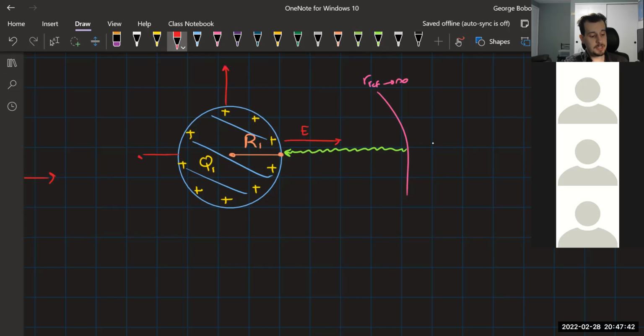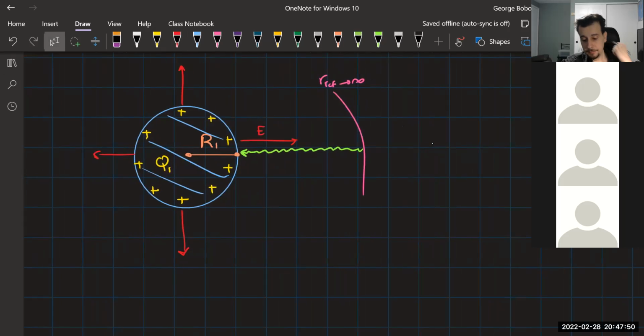I'm confident you know what this E field is outside of the conductor. Can anybody tell me? kQ1 over R squared, just outside the sphere.